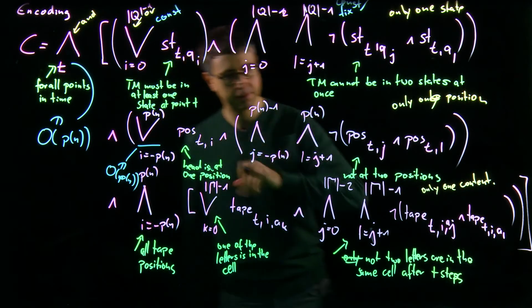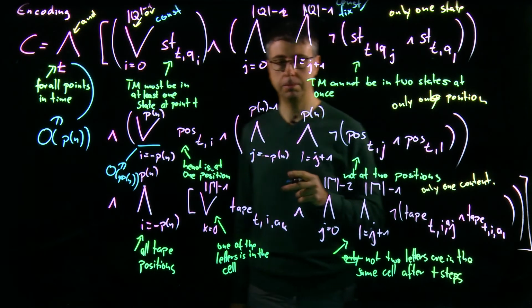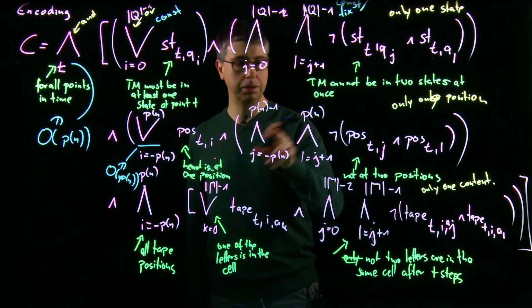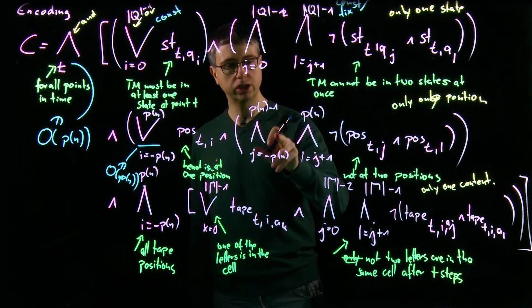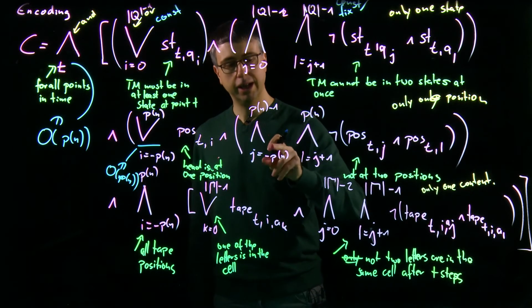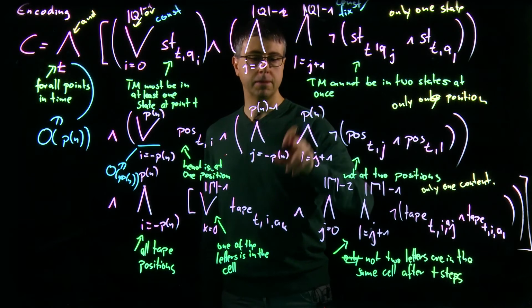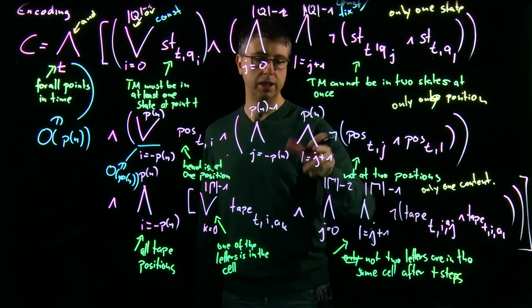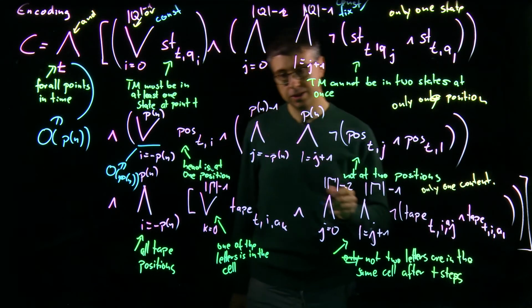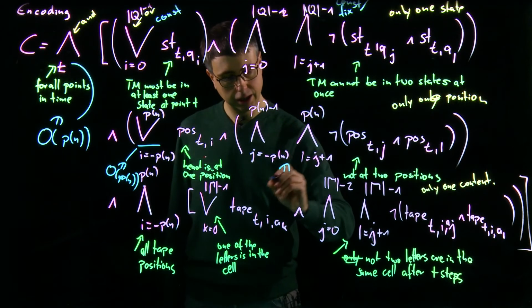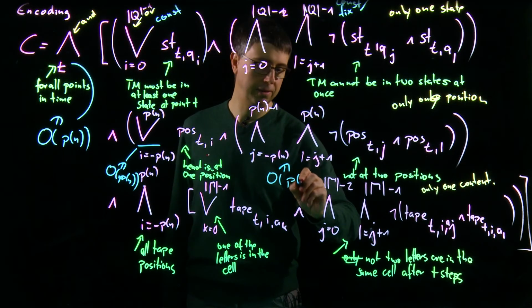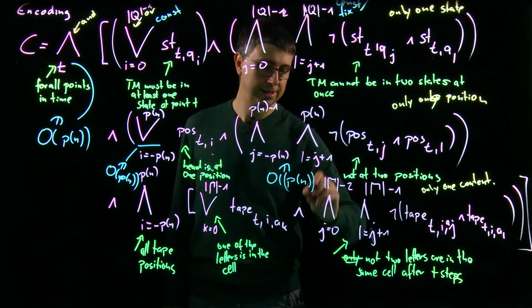This one here is the more complicated part. This is a double conjunction, and it goes from minus p of n to plus p of n more or less, and this one as well. So this is actually in O of p of n square.